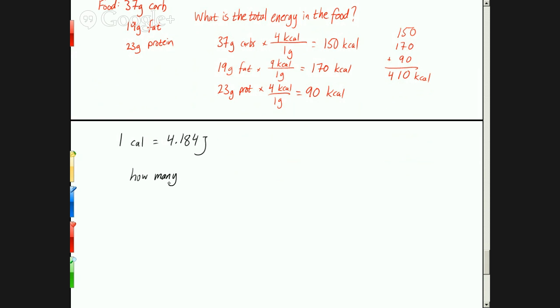How many kilojoules are in these 410 kilocalories? So we've got 410 kilocalories in this food. Let's say we want to convert that to kilojoules. How do we convert kilocalories to kilojoules using that? See if you can set that up and work through it.